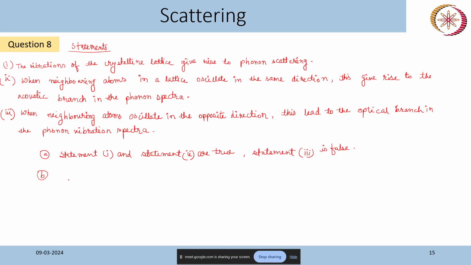Option B is statements 1 and 2 are false, and statement 3 is true.